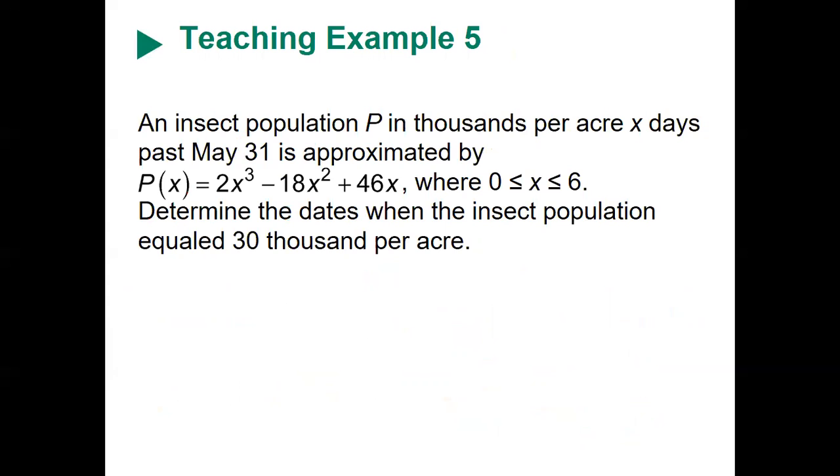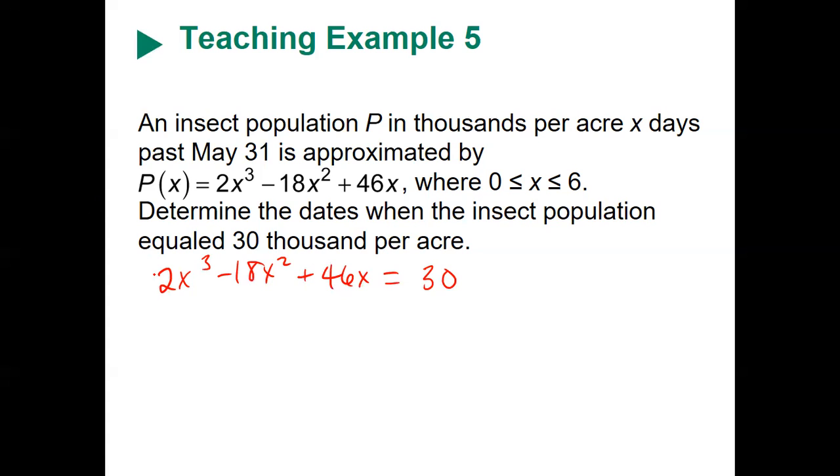Okay. So our equation, it wants us to find out when 2x cubed minus 18x squared plus 46x equals 30. All right. So before we get started, we have to make sure that it's equal to 0.